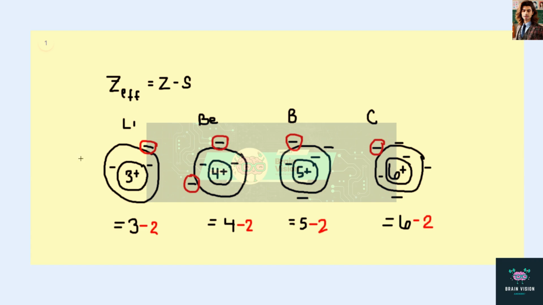When we find the net effective charge for lithium, we get that it's positive 1. That means this electron feels 3 positives, but there are 2 negatives blocking it, so the net it feels is +1. The net for beryllium becomes +2. The net for boron becomes +3.